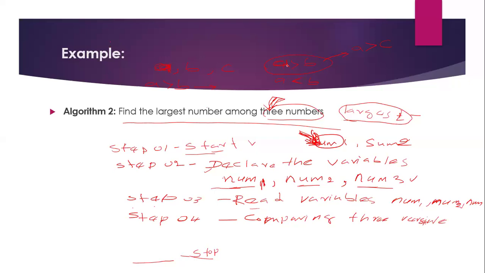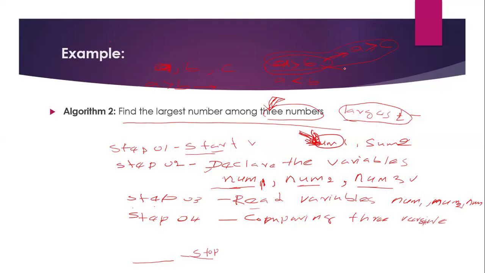If A is already greater than B, and now I have A greater than C as well, what is the greatest number here? A. So from here, we can decide A is the largest number.